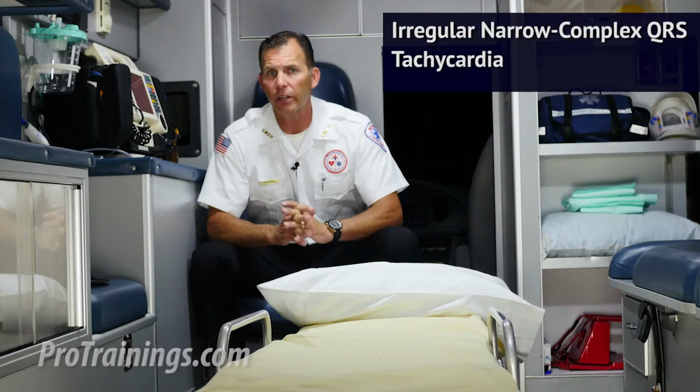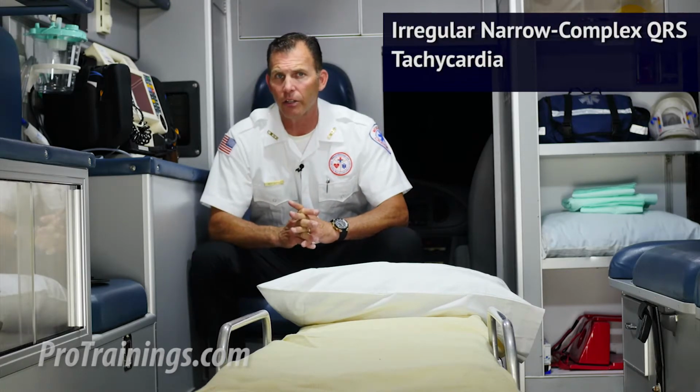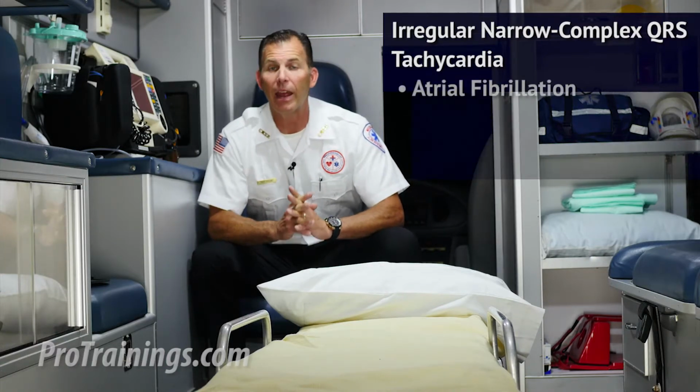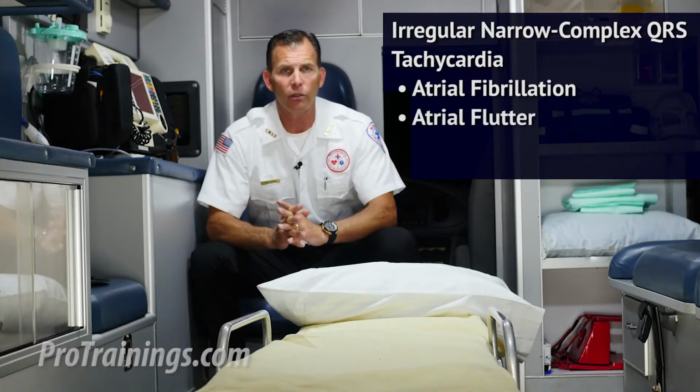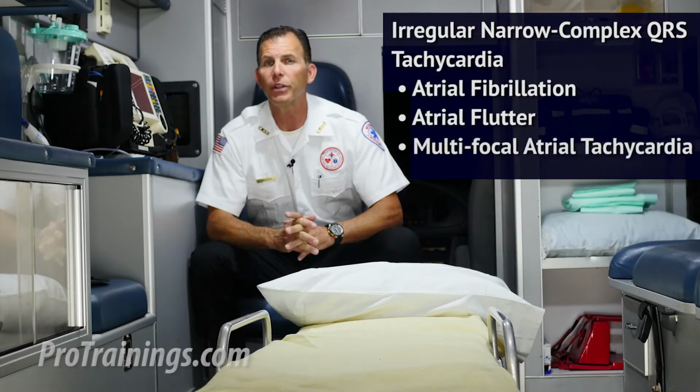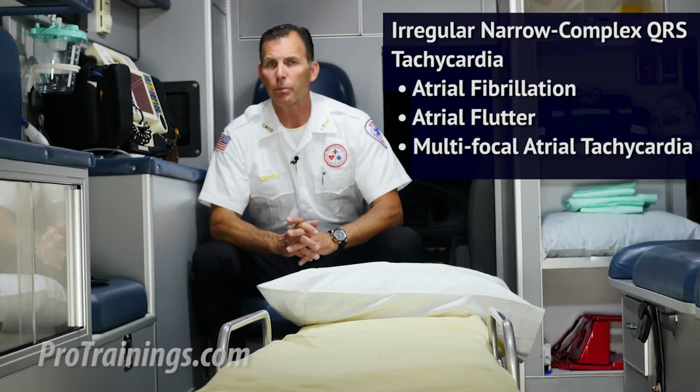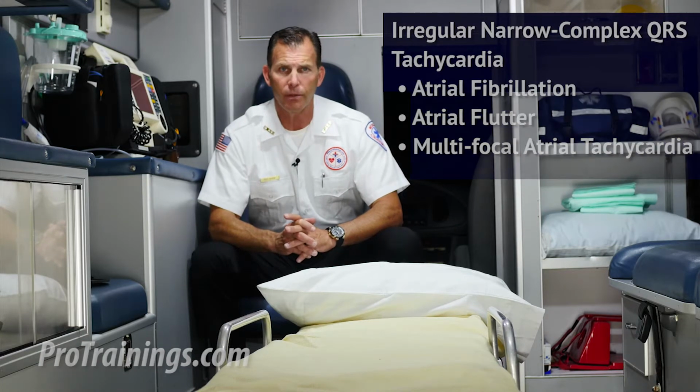For a stable patient with an ECG rhythm that shows an irregular, narrow, complex QRS tachycardia, though quite unusual, it may likely be atrial fibrillation, atrial flutter, or multifocal atrial tachycardia. This may require expert consultation for proper treatment.